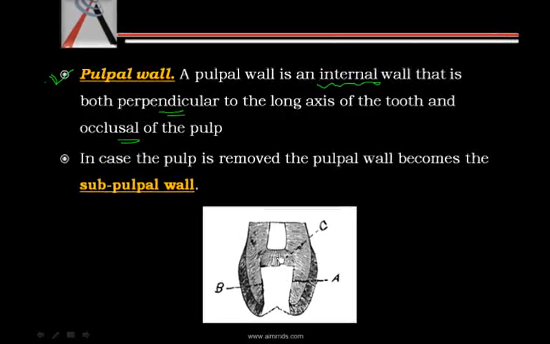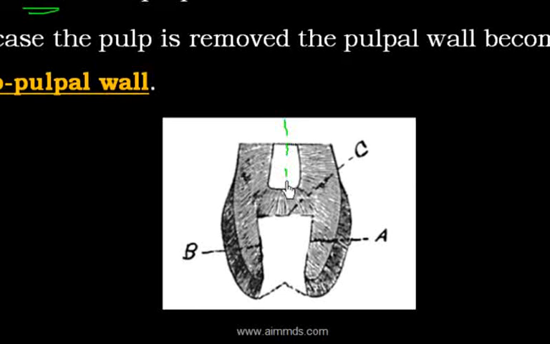Now if this is the long axis of the tooth, this particular wall is the pulpal wall because it is perpendicular to the long axis of the tooth and it is the internal wall, not communicating with the exterior of the tooth surface.